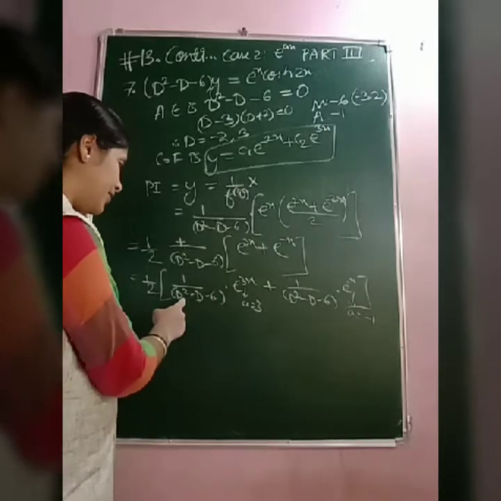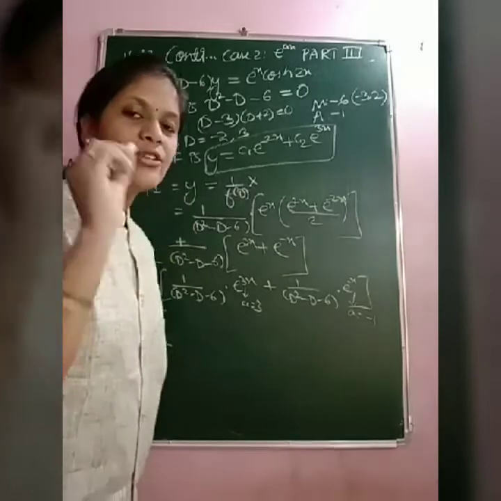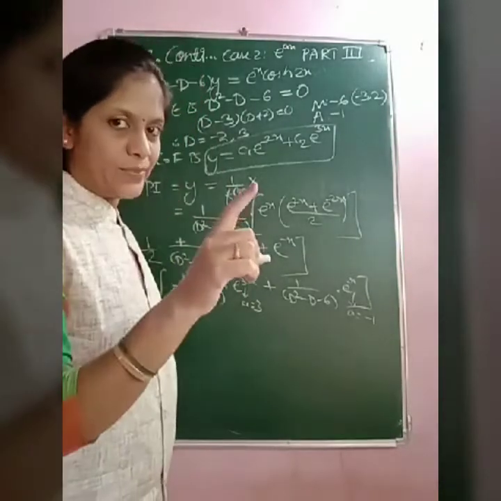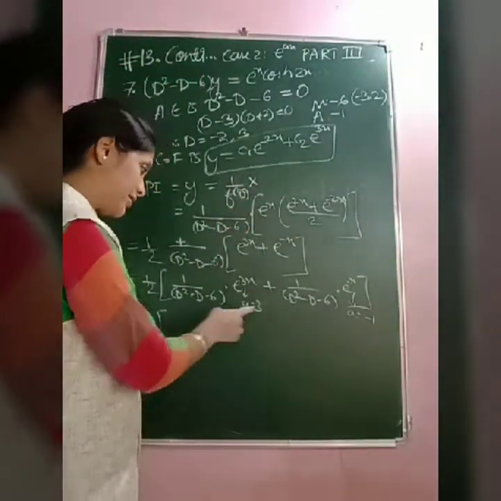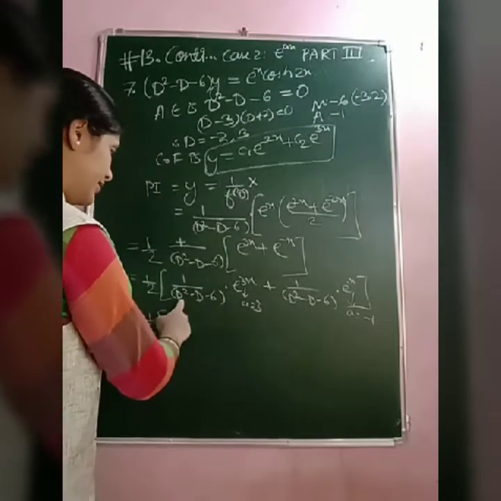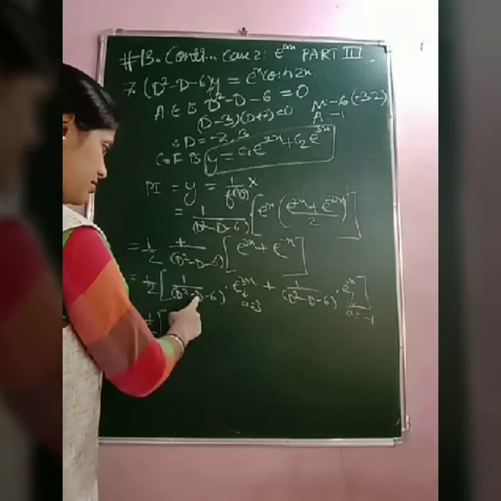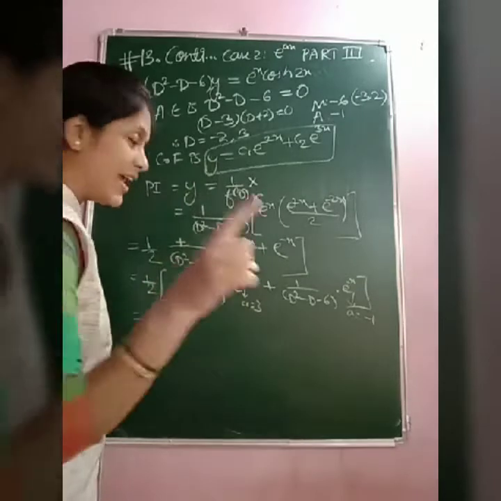So what do we get here? 1 upon 2 as it is. Only in case the denominator is coming 0, multiply by x and differentiate the denominator. So what about here? 3 threes are 9, 9 minus 3 is 6, 6 minus 6. What do we get? 0.